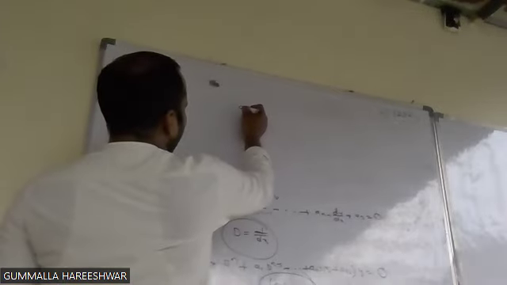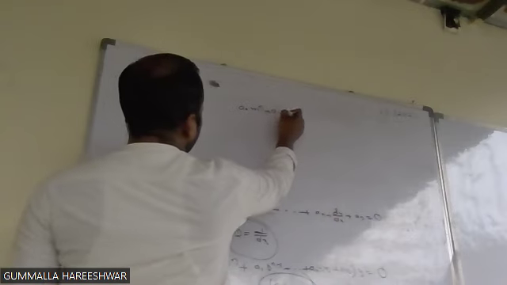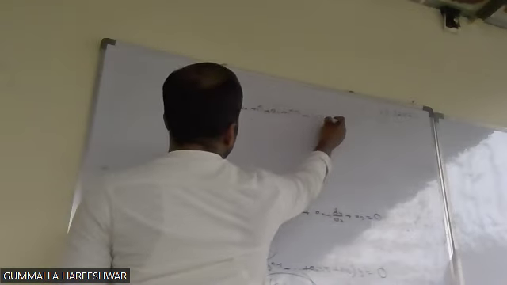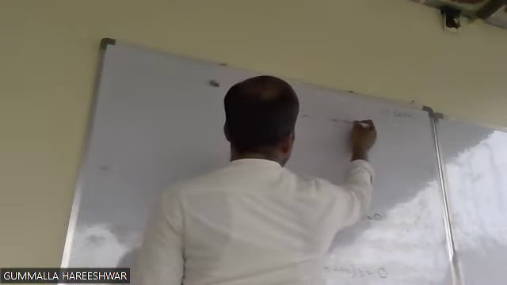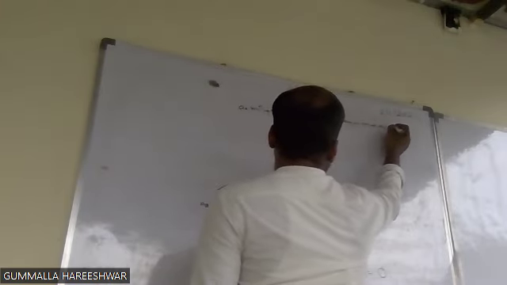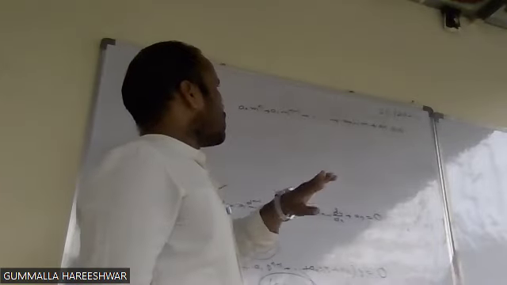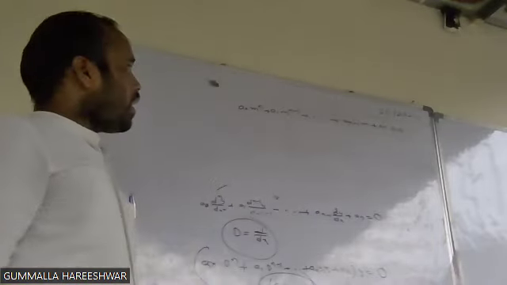We get a naught m power n plus a1 m power n minus 1 plus and so on, plus a n minus 1 m plus an is equal to 0. So this is a polynomial equation of degree n.